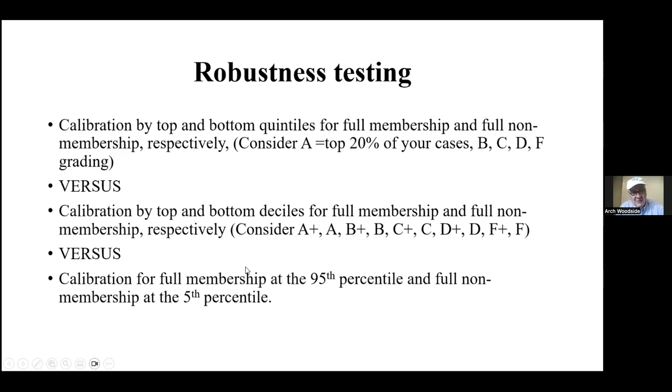So you would be thinking in terms of 5% versus the 5th percentile of your distribution of cases for a condition being a full membership, being a non-member, full non-membership. And so what I typically recommend is during the first, consider your full membership being in the 80th quintile. In other words, the top 20% of your cases for a given condition.